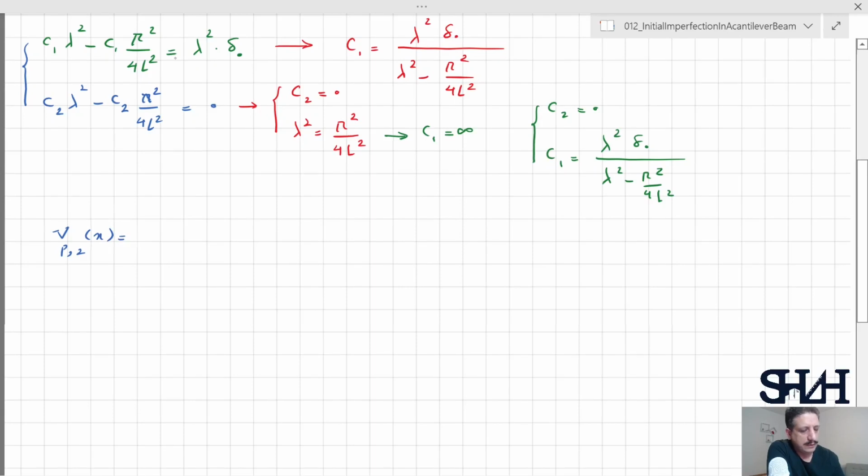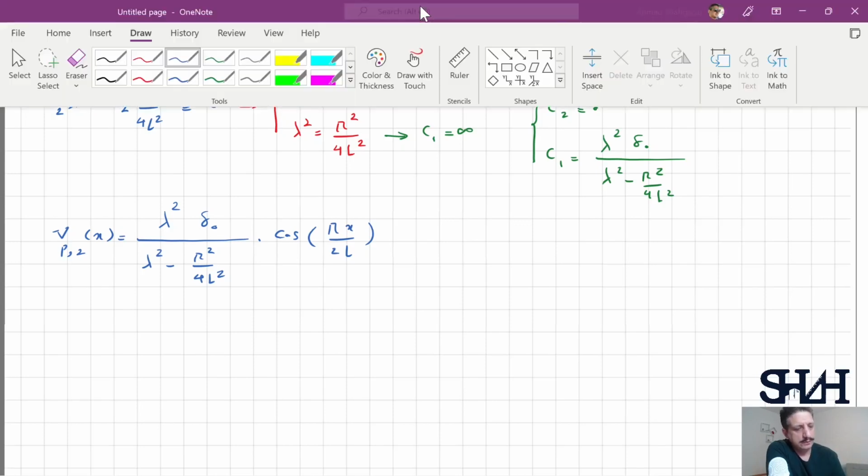Vp2(x) will be lambda square delta 0 divided by lambda square minus pi square divided by 4L square times cosinus pi x over 2L. So now we have the particular solution for the constant value, we have the particular solution for cosinus, and we have the homogeneous solution.